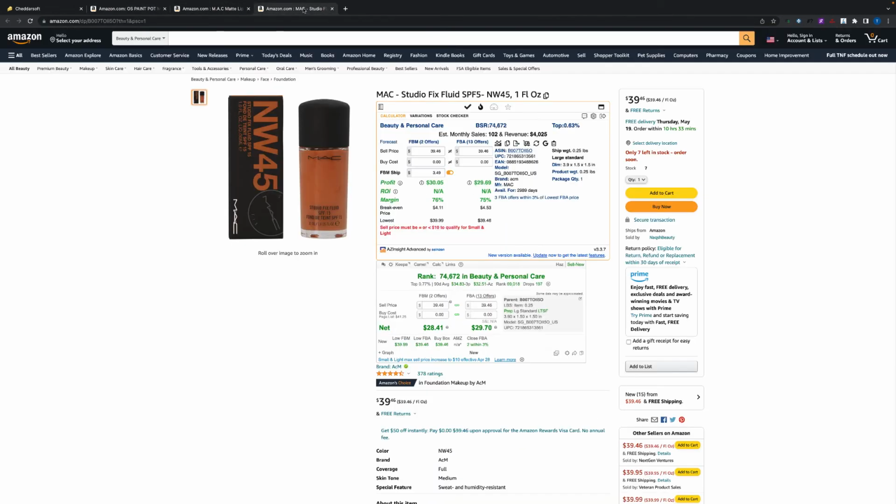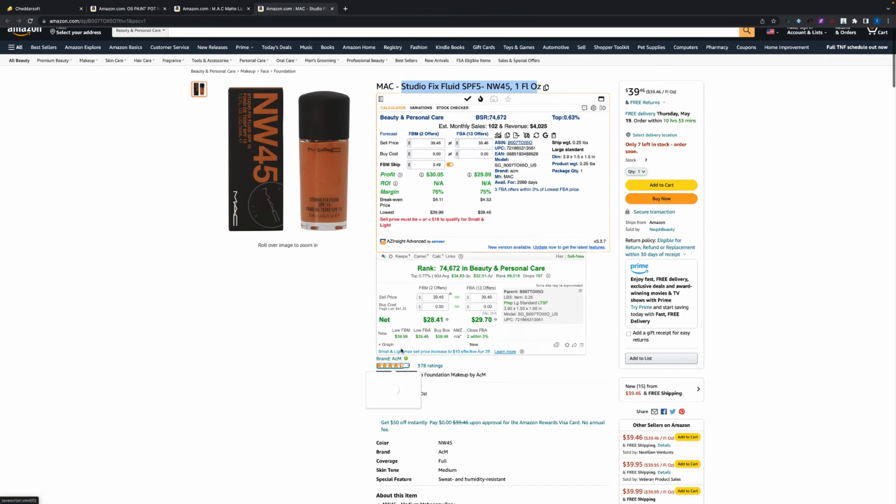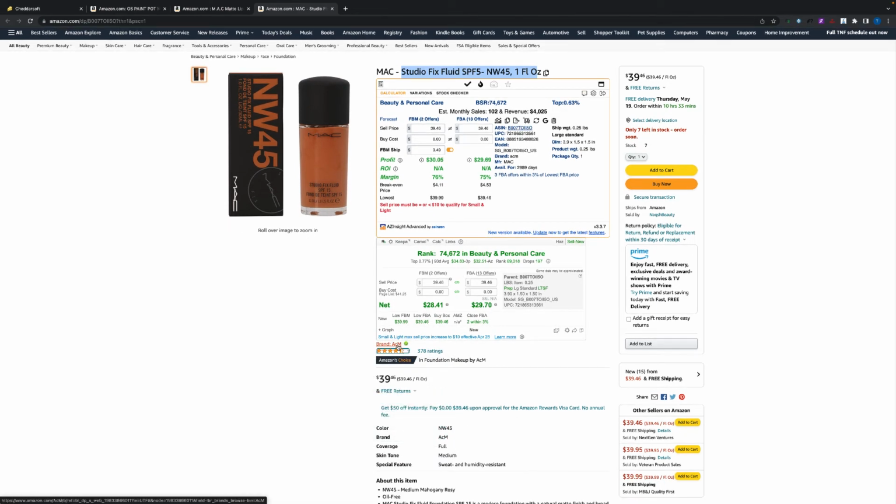And then the next one we're gonna be looking at is another MAC Cosmetics product. But notice here, you have MAC in the title, you have the information about the product and it all matches. But coming down here to the brand, you have ACM. You are selling a MAC product, but the brand you are claiming it to be is ACM. That could be a potential trademark violation because it's creating confusion in the marketplace, and MAC has the right to say, hey, this listing that you're selling this product under is not attributing the product to the correct brand.